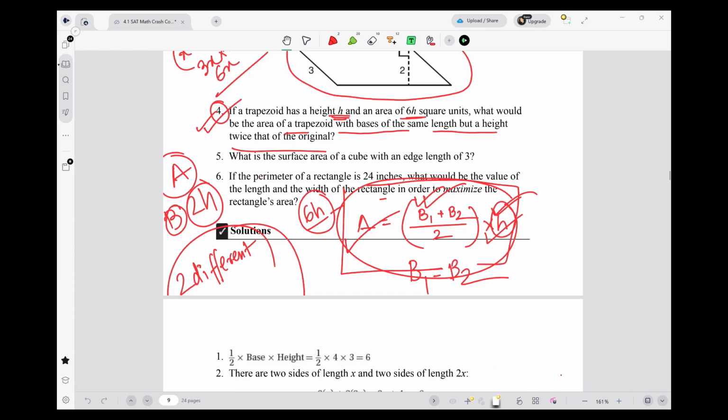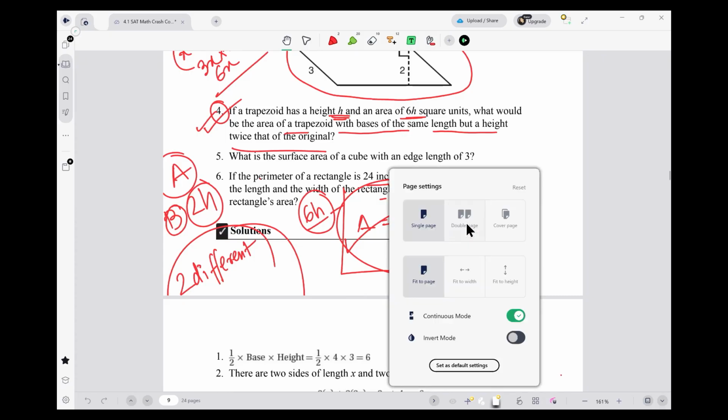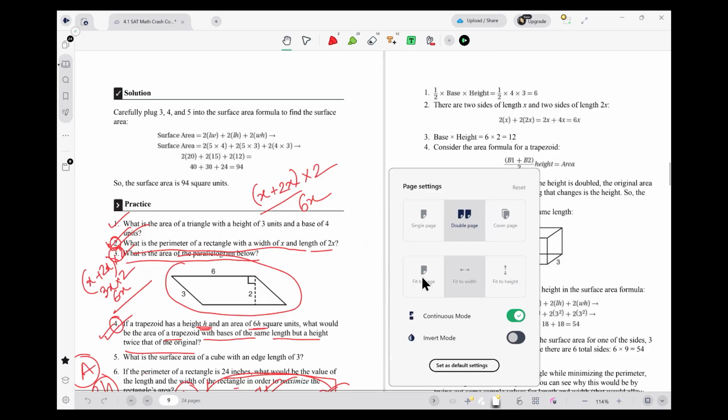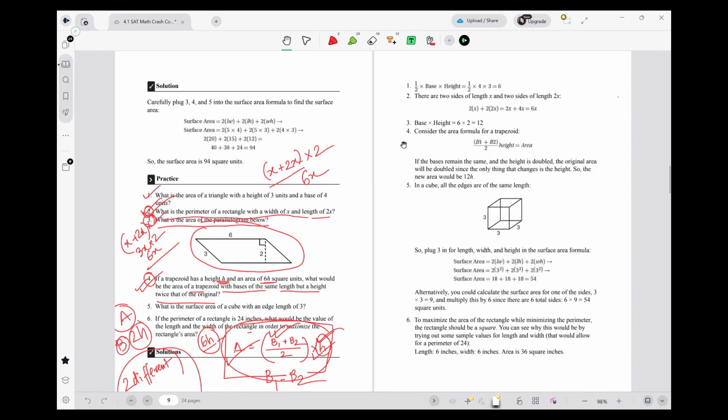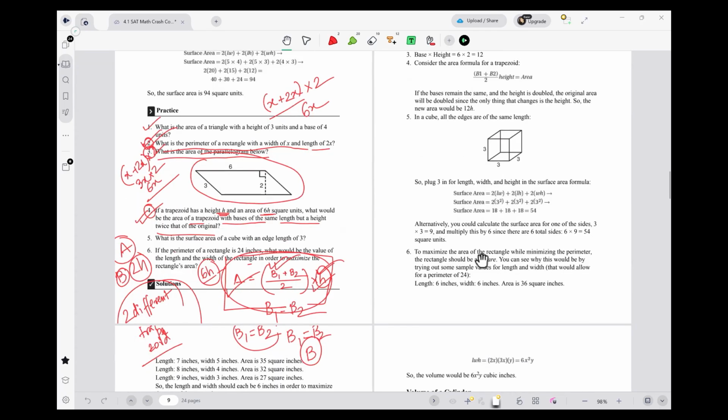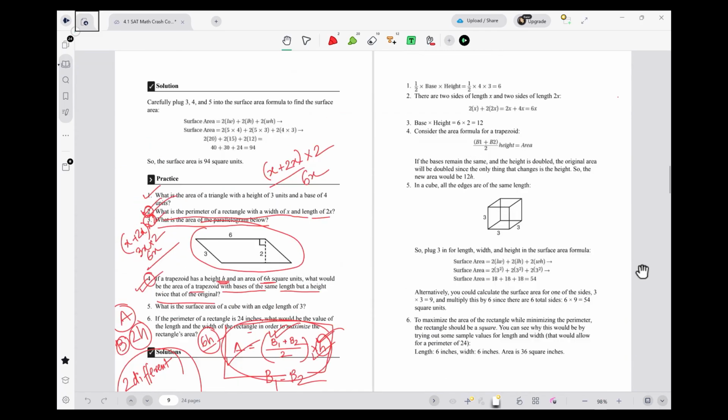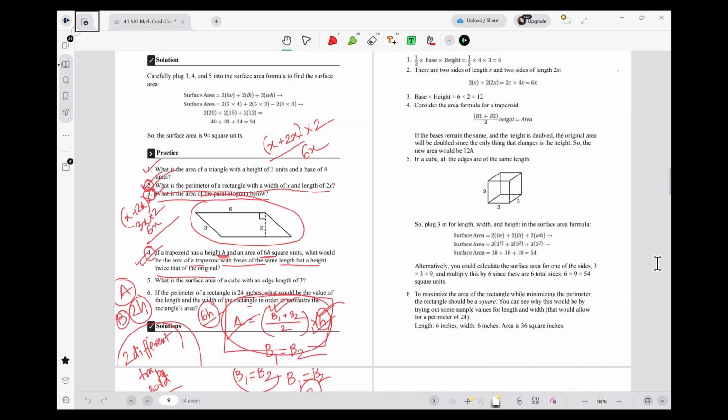It means consider two different trapezoids and then find out the base from the first trapezoid.